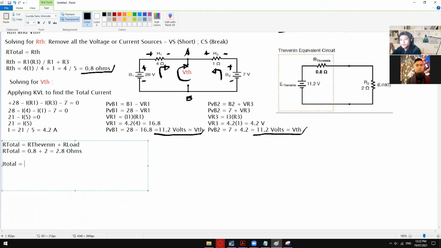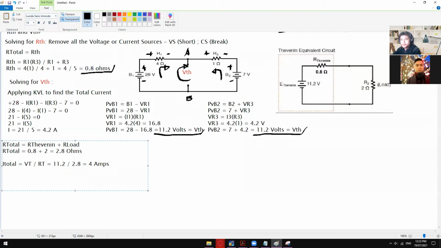I total is of course V total, let's say VT divided by R total, or RT, wherein V total is 11.2 volts divided by R total, which is 2.8 ohms. So anyone, please check what is the value of this one. 11.2 divided by 2.8 is equal to 4 amps.